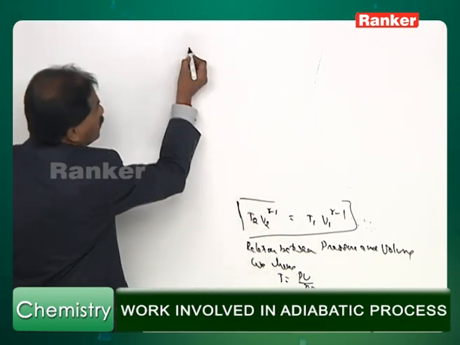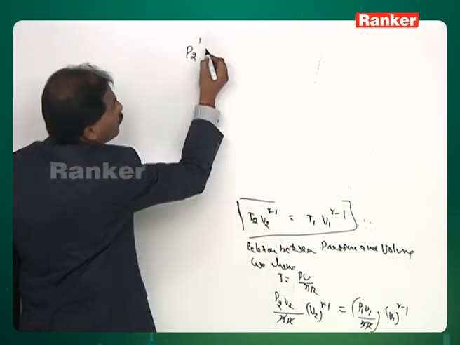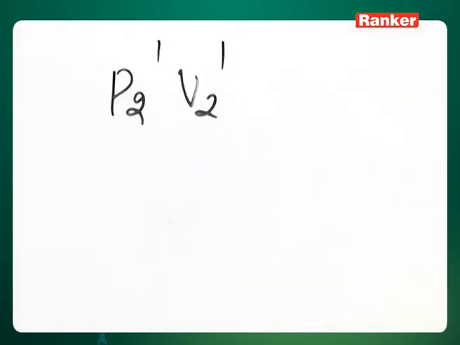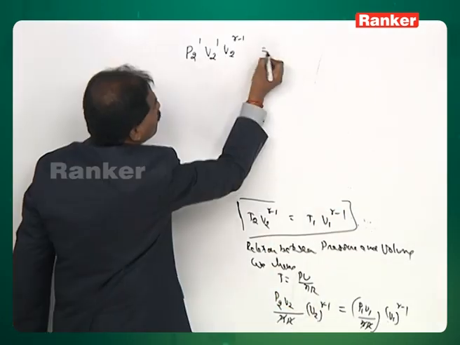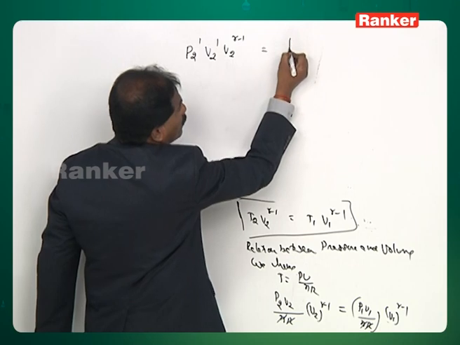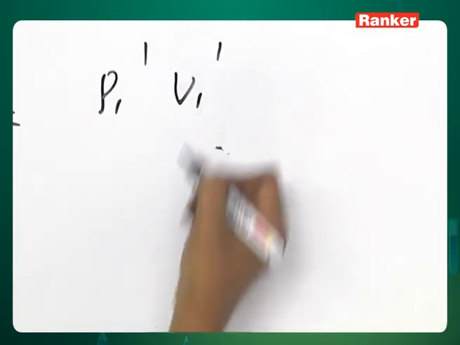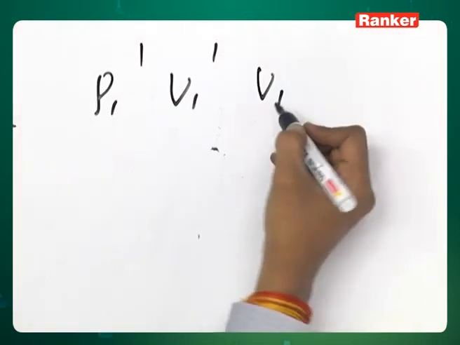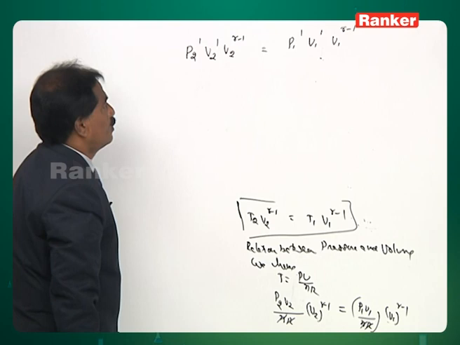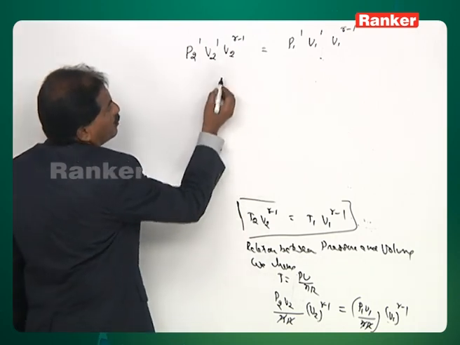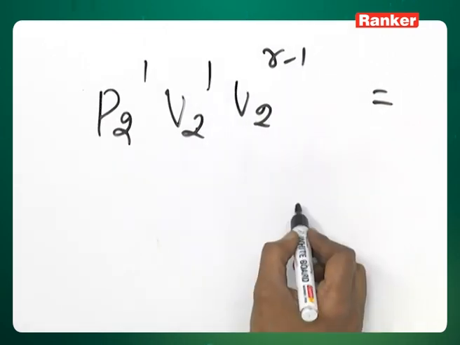Therefore, this expression we can represent like this: P2 raised to the power 1, V2 raised to the power 1, next V2 raised to the power gamma minus 1. Here P1 raised to the power 1, V1 raised to the power 1, next V1 raised to the power gamma minus 1.